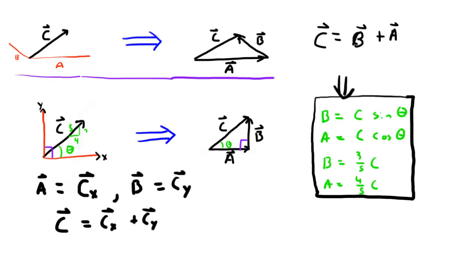There's another notation that we can use that utilizes the concept of unit vectors. A unit vector has a length of 1. And if we place a unit vector on the x-axis and a unit vector on the y-axis, and call the unit vector on the x-axis i, and the unit vector on the y-axis j, we can now represent the Cx and Cy vectors differently.